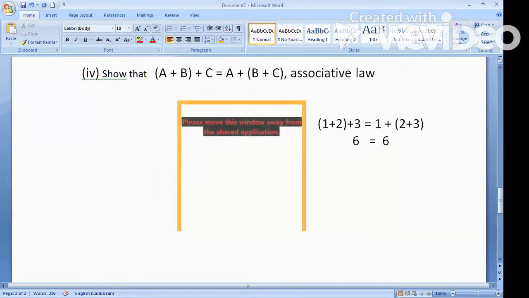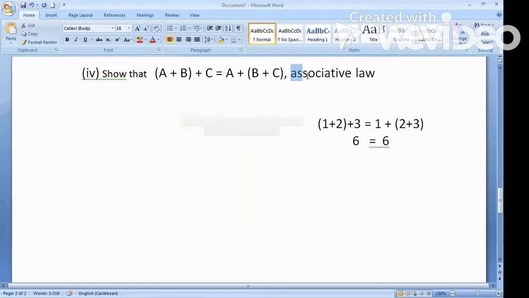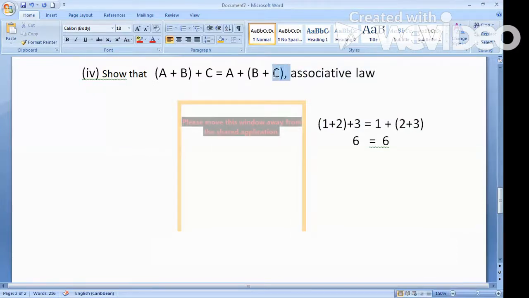Then you say 2 plus 3 equals 5 and plus 1 equals 6. You get the same thing on the left hand side and on the right hand side. Okay. Because both of them are equal, addition of numbers obeys the what? Associative law. So we're trying to investigate if the addition of matrices obeys or disobeys the associative law.